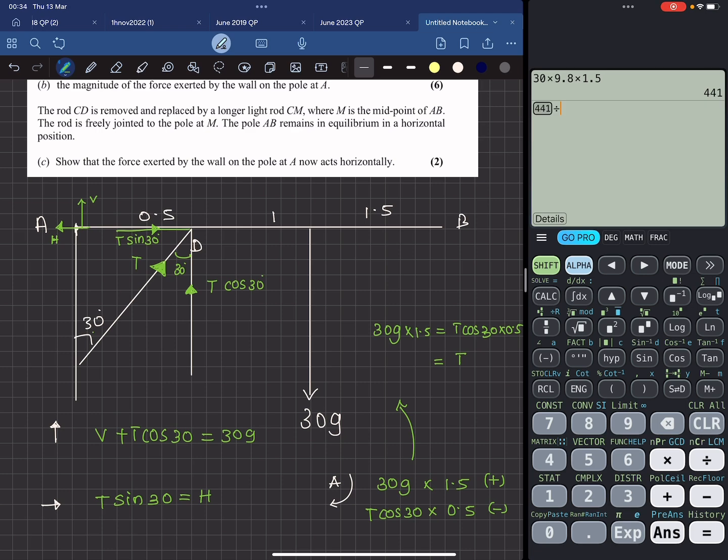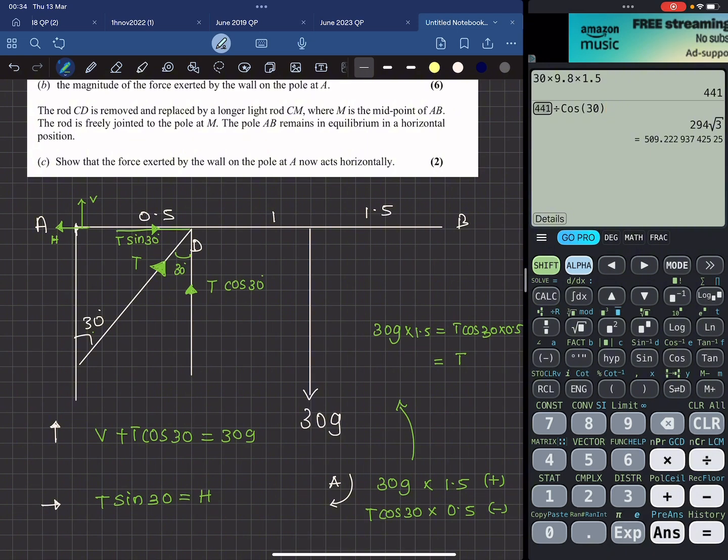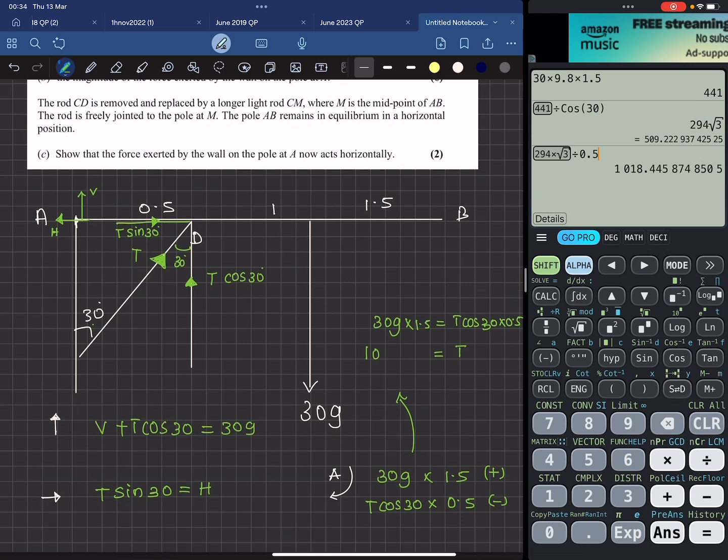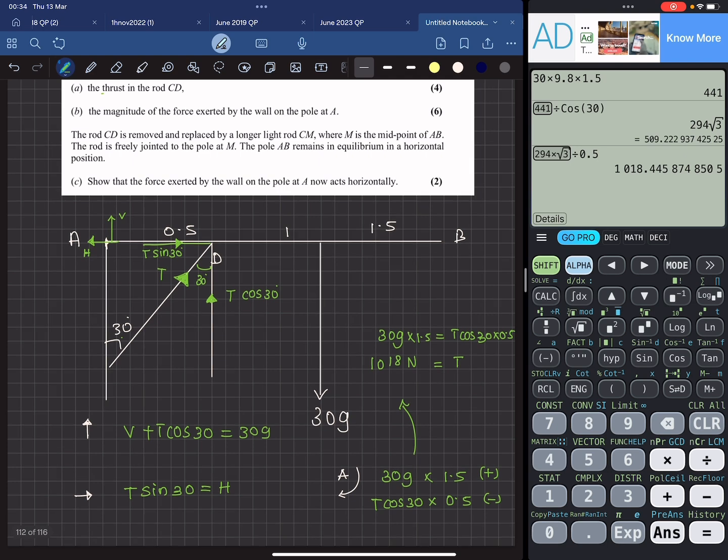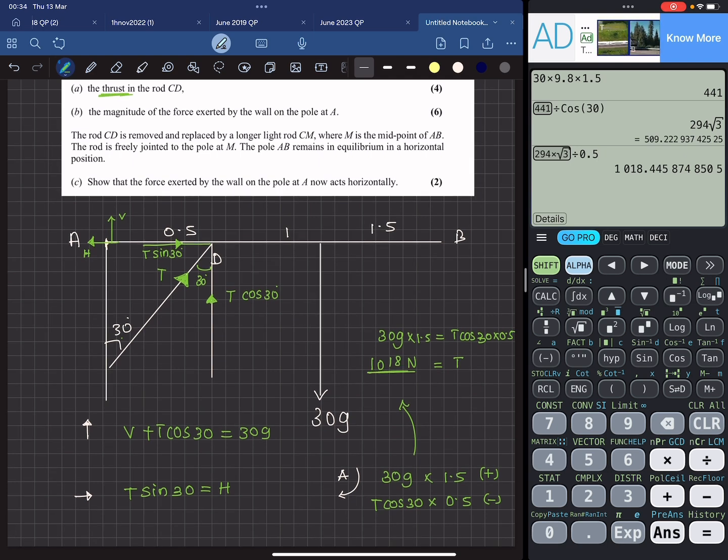Then that answer divided by cos 30. And then whatever that answer is, I'm going to divide that by 0.5. And I would have 1018 Newton. That's your tension, and that's your thrust, which is 1018.